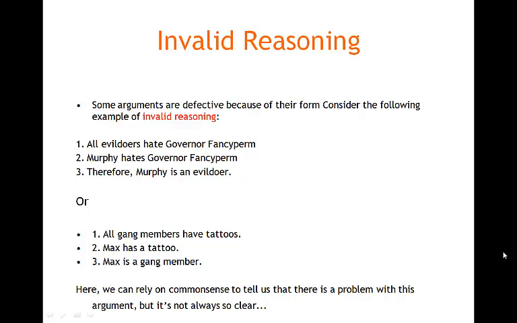Therefore, Max is a gang member. Well, he needn't be a gang member to have a tattoo, even if all gang members have tattoos. He could be a basketball player or a philosophy professor and have a tattoo and not be a gang member, even though all gang members have tattoos, let's say. I'm sure that's not true, but assuming for the sake of argument it is true, it still wouldn't be the case that we can conclude that Max is a gang member.